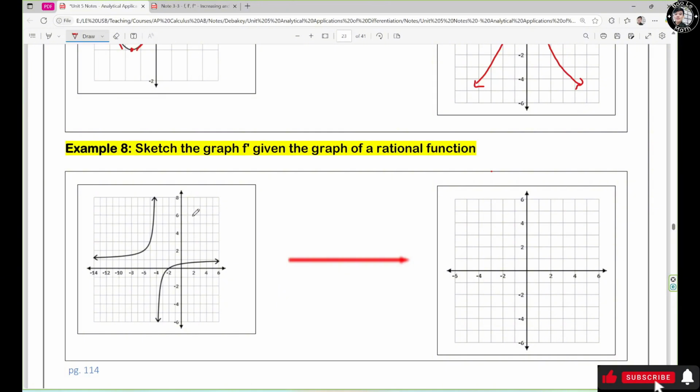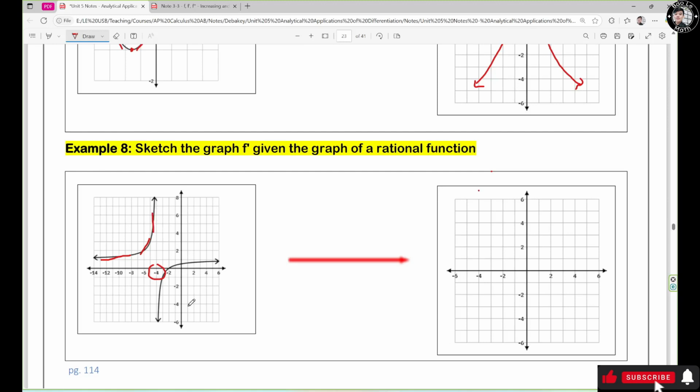Now, let's move on to the last one. Sketch the graph of the rational function. Observe that this one is the rational function and it's going to be undefined at s equals -4 because -4 is the vertical asymptote, right? So when you turn this one into the derivative function, it's not differentiable at s equals -4, right? Now you're going to draw the tangent line and you see that the tangent line is getting steeper, right?